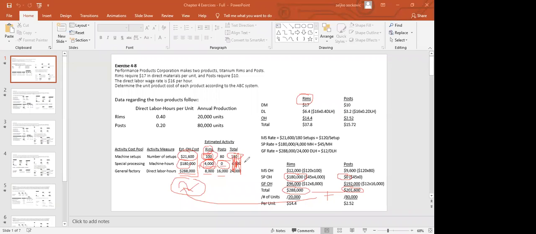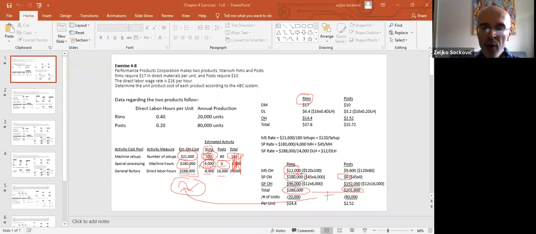That's how much we will apply to RIMS, and we can see it here, we will apply 12,000. If you divide by 100 and then multiply it back by 100, you would get 21,600, so you didn't do anything, right? You're looking for a ratio of this activity total, and then applying that ratio to this total cost. So for example, here it ends up being 12,000 here and 9,600 here.